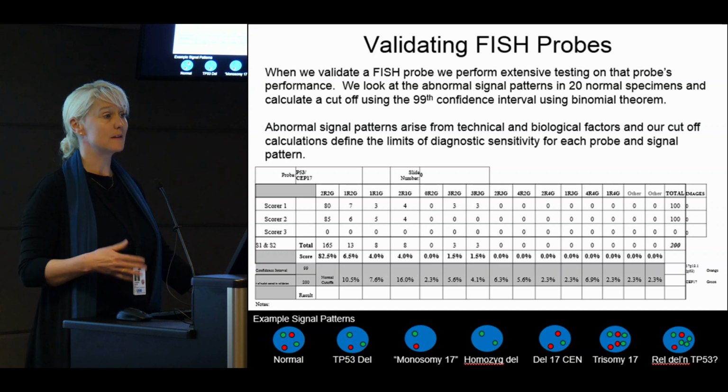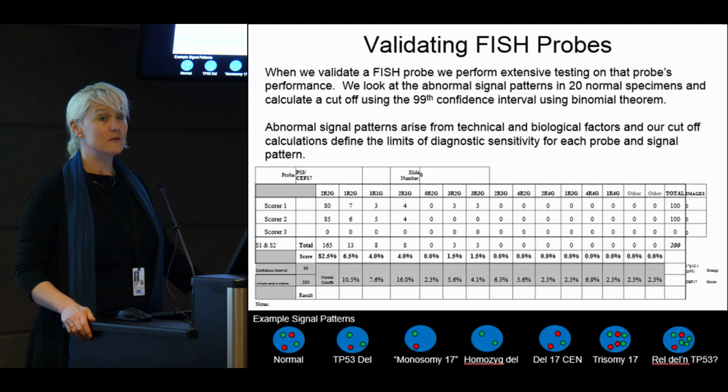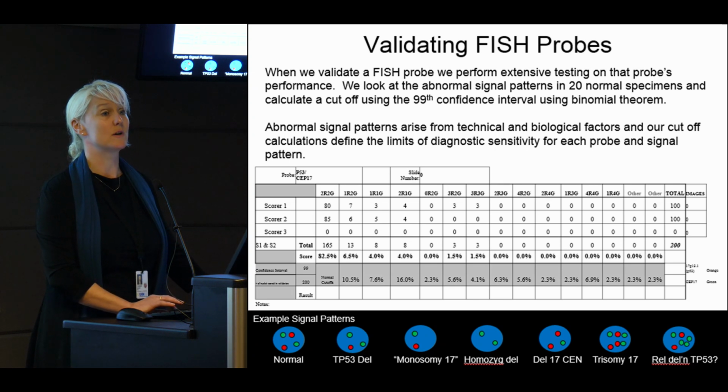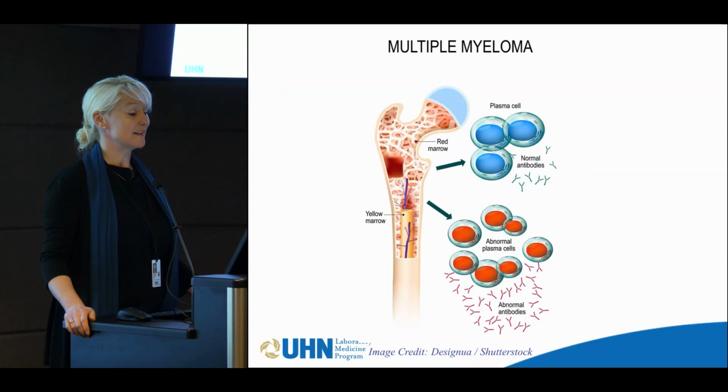This is very important because all of laboratory medicine is based on establishing normal cutoffs. You need good cutoffs because you do not want to be reporting false positives. But again, we do not want to report false negatives. So it's very important to establish these cutoffs, and we do an extensive amount of work on that before any probe or test is brought to clinical practice.